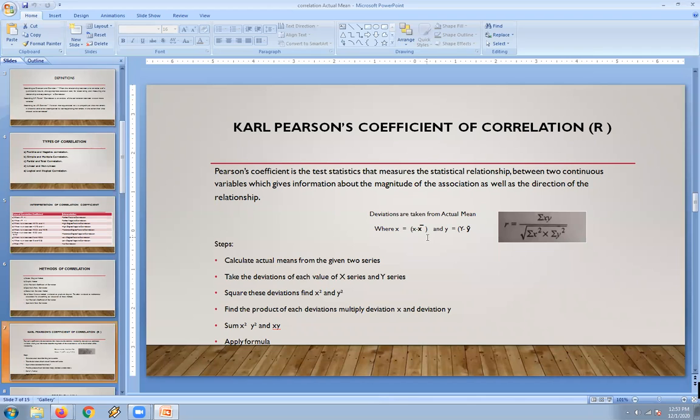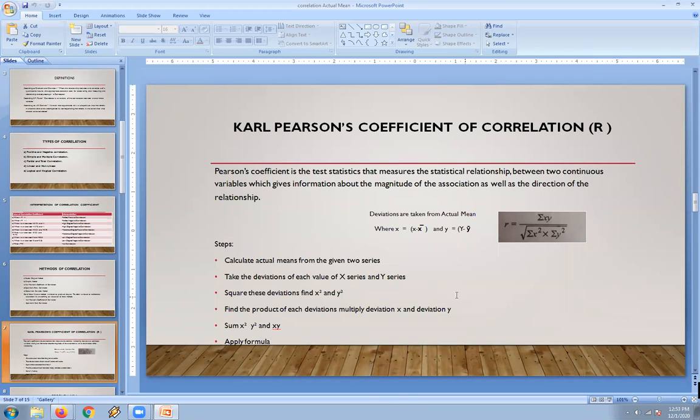That x mean value we deduct from the actual values of x, x minus x mean. In the same manner, for y also, we total all the values of the y variable to get sigma y. Then sigma y divided by n gives the actual mean of y, and then y minus y mean. So this is how we should calculate the x and y values.